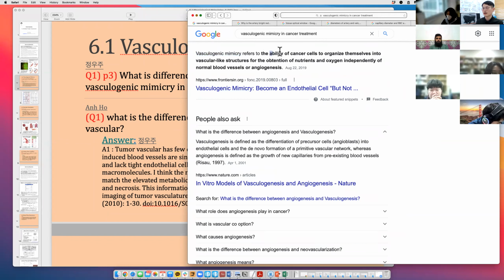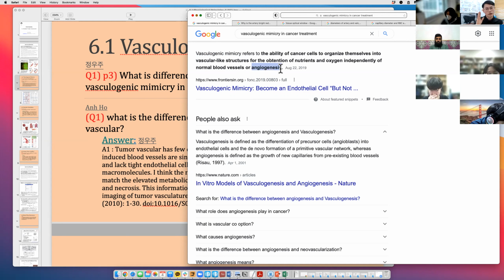It is the ability of cancer cells, and that's important for cancer, to organize themselves into vascular-like structures to get nutrients and oxygen independently of normal blood vessels, because there's no normal blood vessel inside the tumor, or sometimes they do so without angiogenesis.